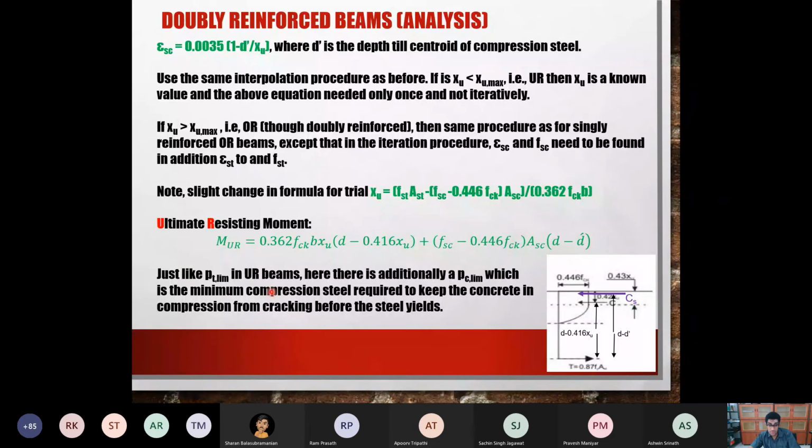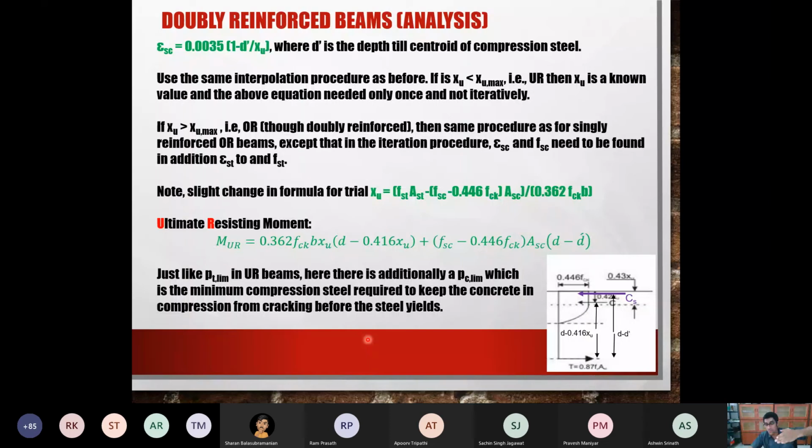Just like the PT limit in under reinforced beams, which says that you should give less than this percentage of steel in the bottom, there's a PC limit or compression steel limit which says this is the compression steel you need to provide to keep the beam under reinforced, or to prevent the concrete from cracking in compression before the steel yields. Now the PT limit says you should not cross that limit.